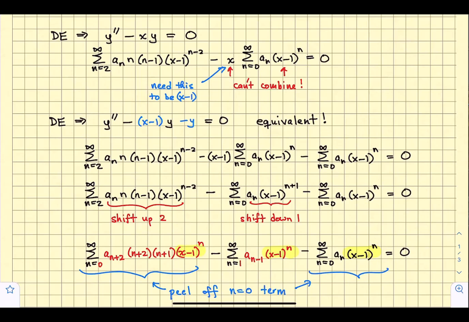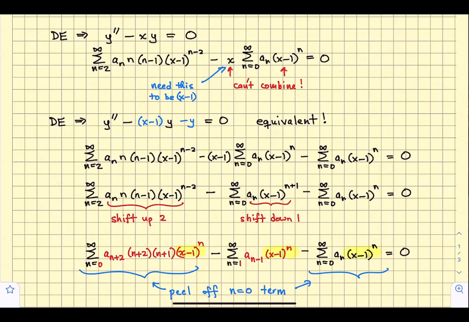But we can't even get started with that, because here we have x minus 1 to the n, and here we have an x, and we can't just distribute this inside and combine it with this. So this is in contrast to our previous examples. We really need this to be an x minus 1, not an x, so that it can be combined with this term.